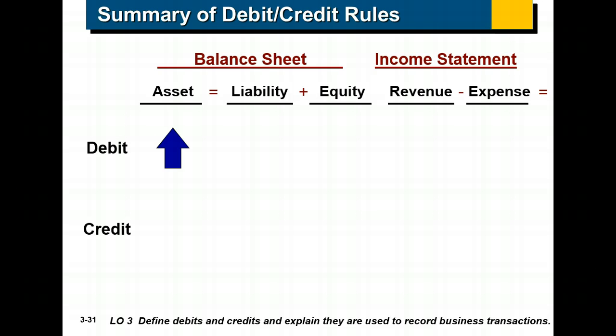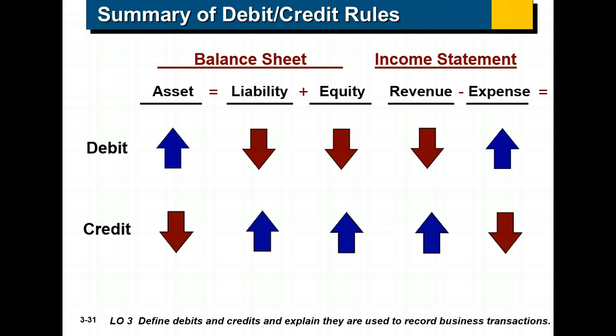When we increase an asset or we increase an expense, we're going to debit them. When we debit a liability, an equity, or a revenue, the debit side decreases the balance. On the opposite, for an asset and an expense, when we credit it, we're decreasing it, okay?